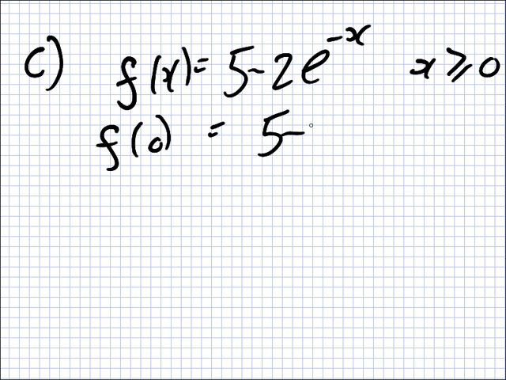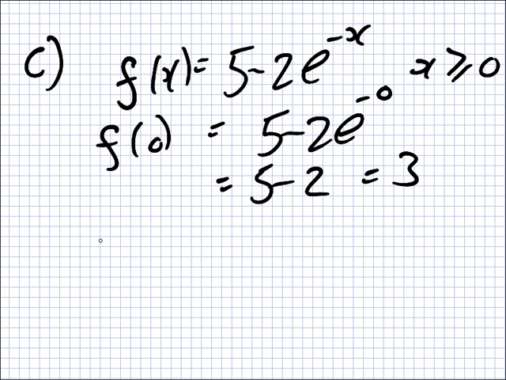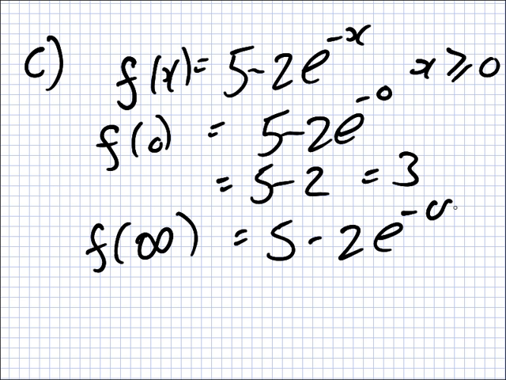We get 5 minus 2e^(-0), which is what? 3. 5 minus 2. Okay? Actually, I'll write that out. It is equal to 5 minus 2, which is 3. Now, let's calculate f(infinity). That would be 5 minus 2e^(-infinity).